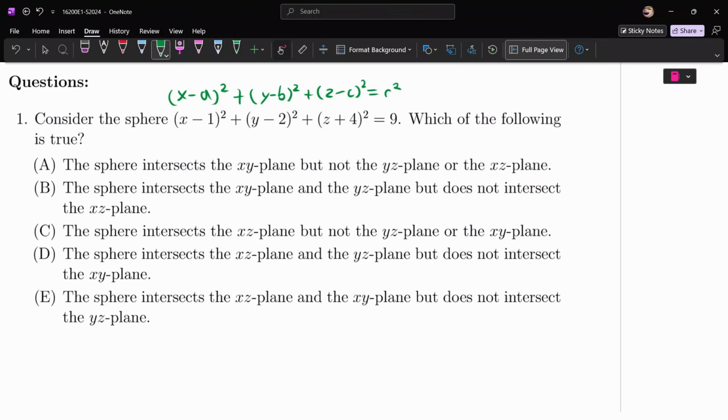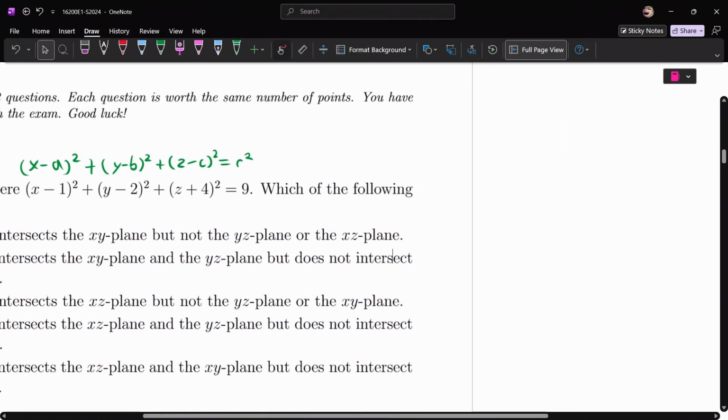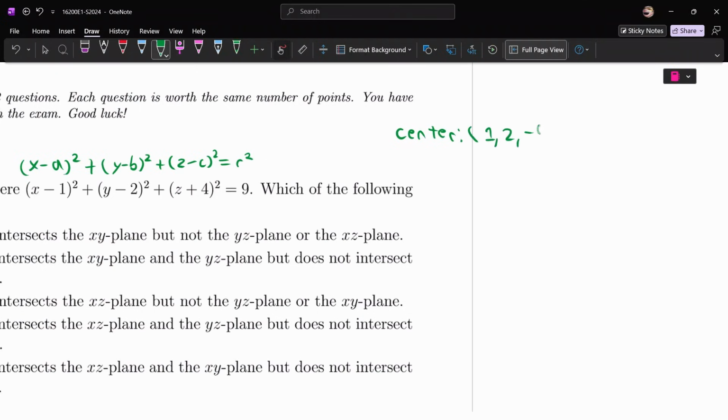So from there, we can deduce that the radius is the square root of 9, so 3, and it's centered at 1, 2, and negative 4. Let me write that over here. So the center is at (1, 2, negative 4), and the radius is the square root of 9, which is equal to 3.